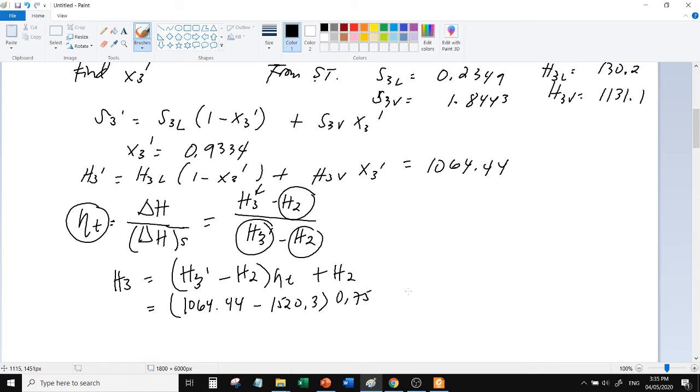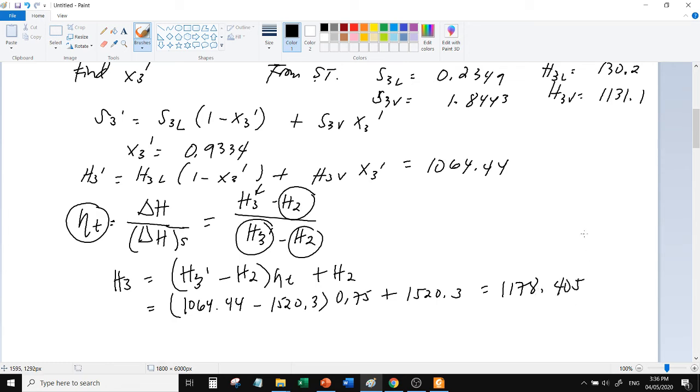Times 0.75 na given. Solve natin. H3 actual ay 1178.405.